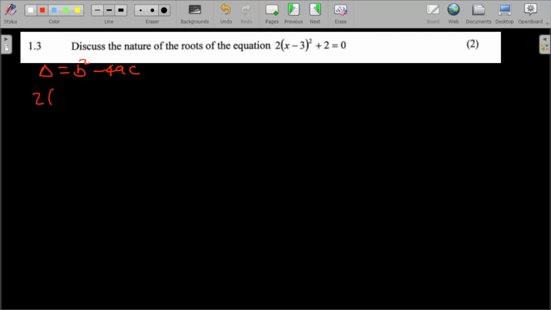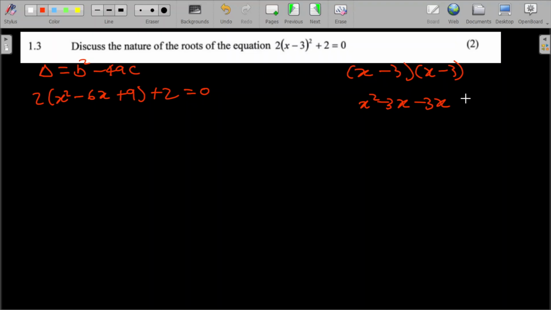So it's going to be 2 into, now here, this thing is going to be x squared minus 6x, and then plus 9, and then plus 2 is equal to 0. So from here, guys, x minus 3 into x minus 3, which is x squared, then minus 3x and minus 3x, and then 3 and 3 give me a positive 9, so x squared minus 6x plus 9.